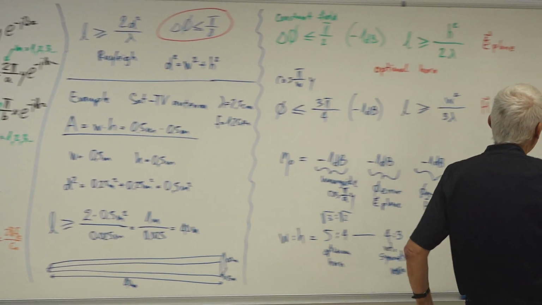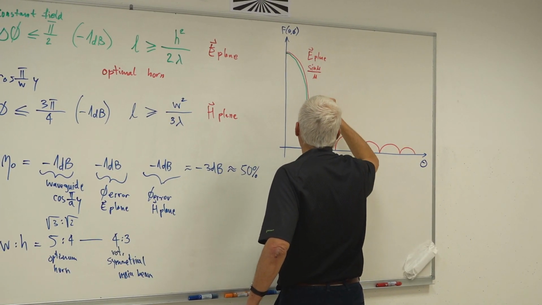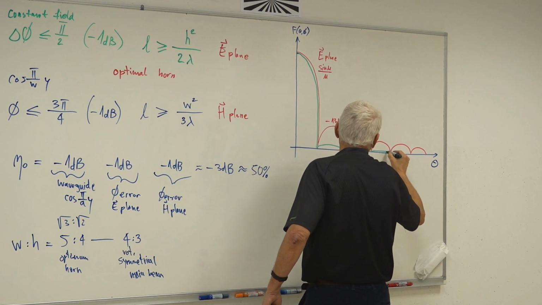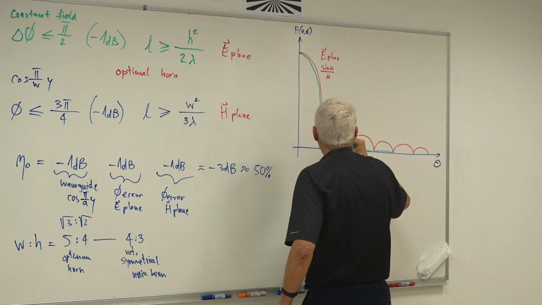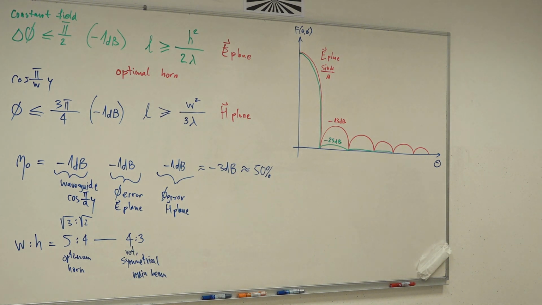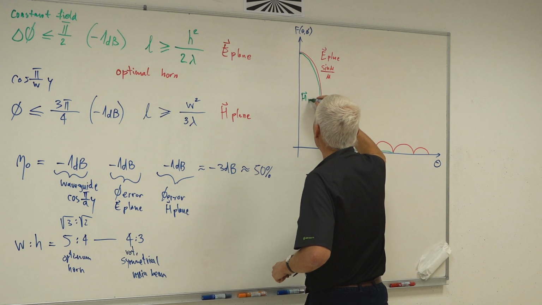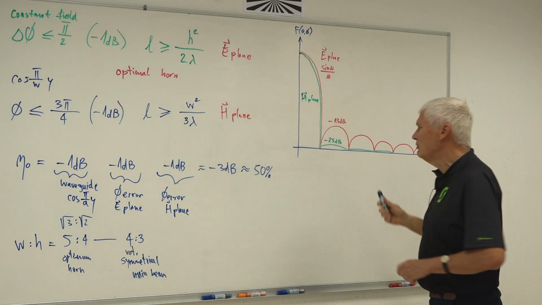So in the H-plane, it's a very lengthy calculation, but these side lobes are much smaller. So this is about minus 25 dB, if I remember correctly. This is very low. In the H-plane, I have much lower side lobes.